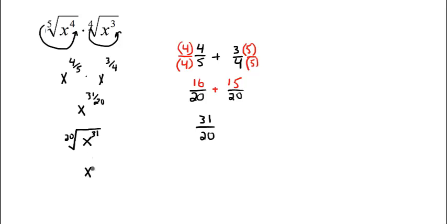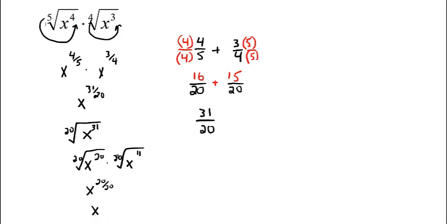So if you switch this to x to the 20th power, and we're going to take the 20th root of that, and then multiply that by the 20th root of x to the 11th, these two parts multiplied together give us this. The 20s cancel out because if you swing that back around over here, we're going to get x to the 20th over 20, which is just x.